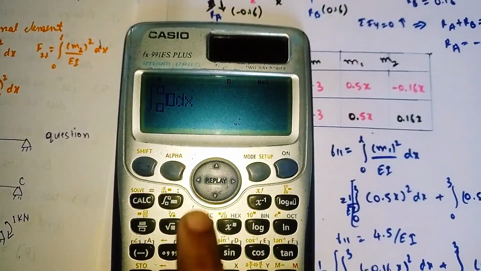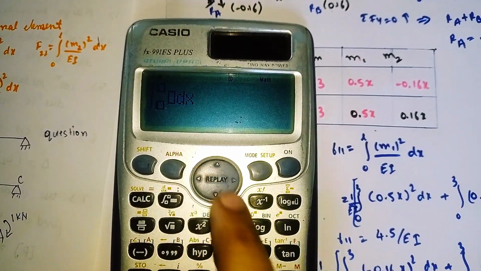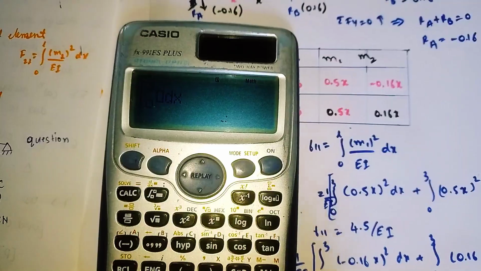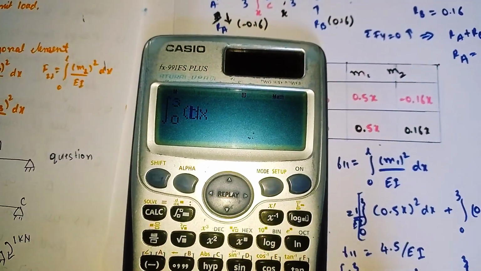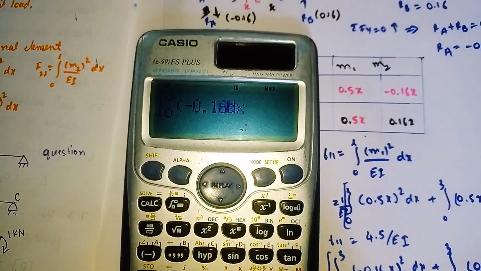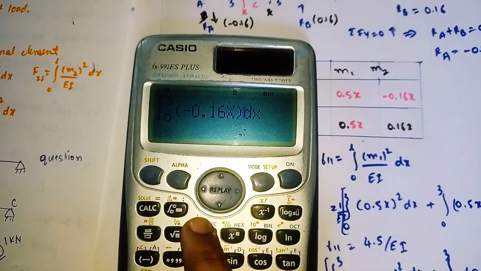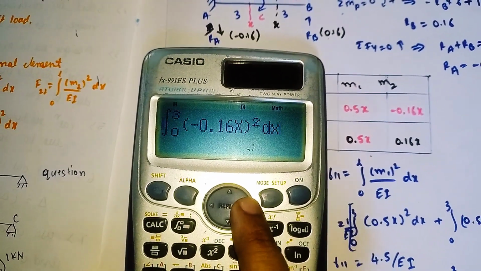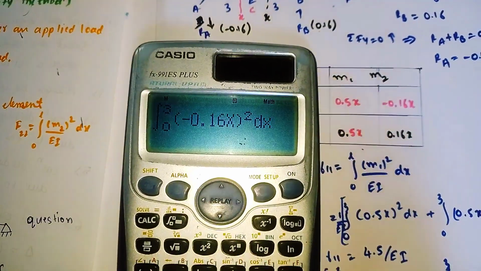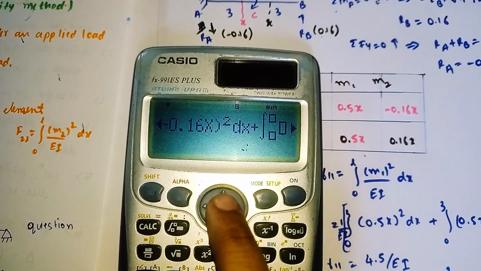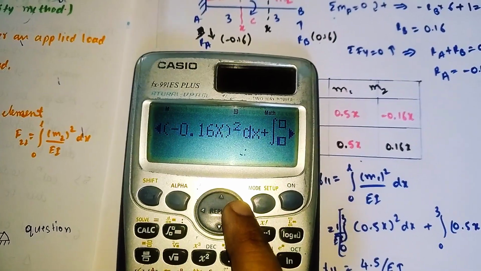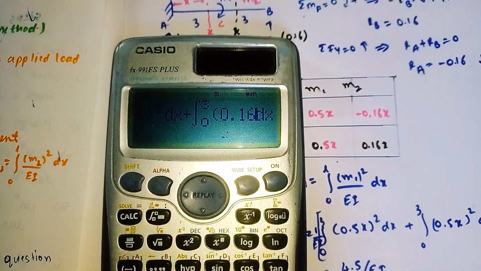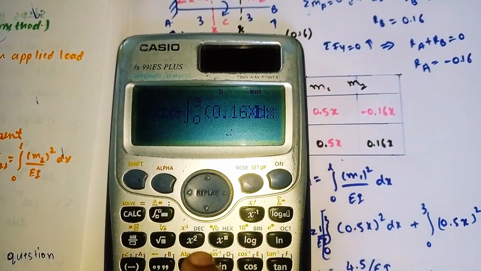So the integration limit is again 0 to 3. Substitute all the values. The integration is 0 to 3 of (minus 0.16x) whole squared, plus one more integration, 0 to 3, of (0.16x) whole squared.